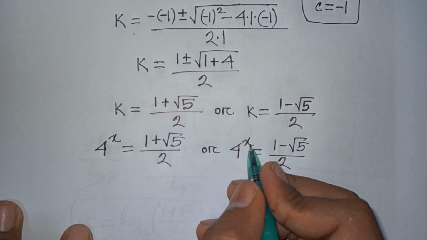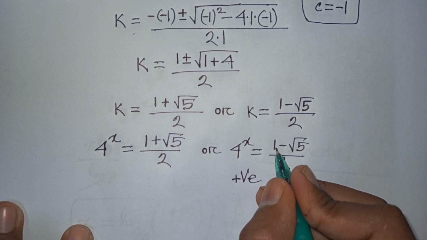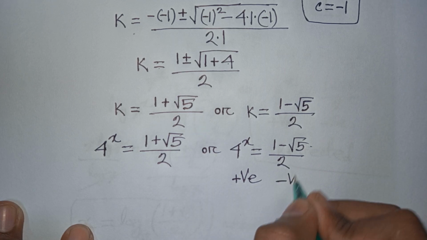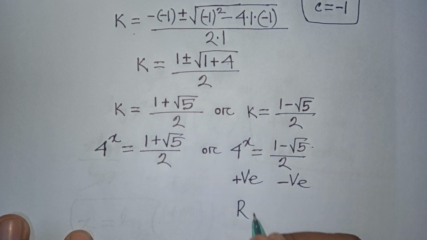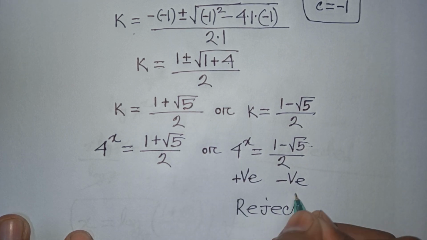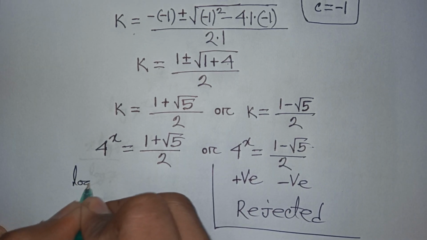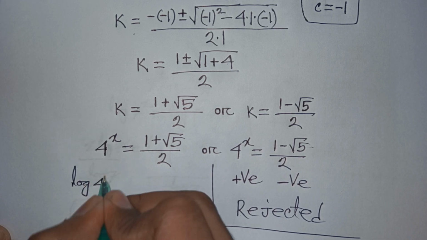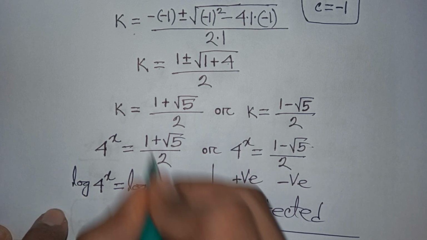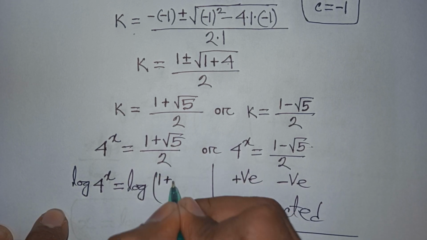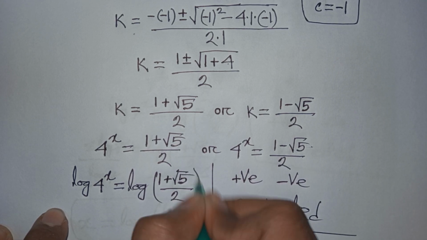Now in this power x, imagine any number, 4 power any number is always positive. Here 1 minus a square root of 5 divided by 2 must be negative, so positive cannot be equal to negative, so reject this. Now from here we apply log on both sides, so log of 4 power x is equal to log of 1 plus a square root of 5 over 2.